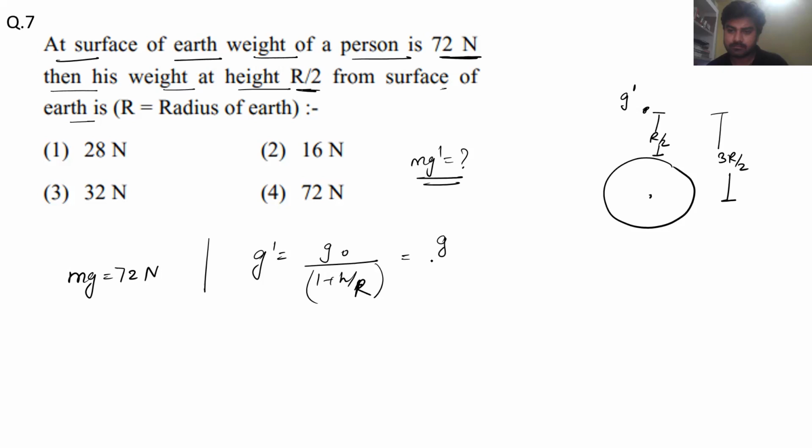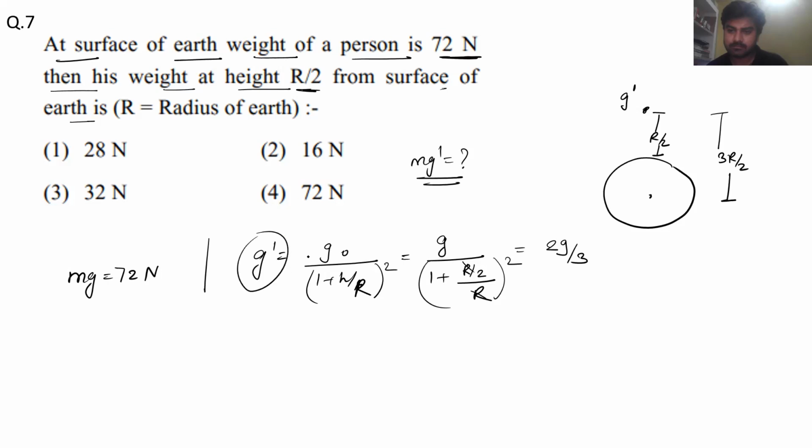So g dash is g upon (1 plus height, R by 2 from the surface of the Earth, divided by R) square. Here R gets cancelled out, you will get 3 by 2, so you will get 2g by 3. So g dash will be 2g by 3.